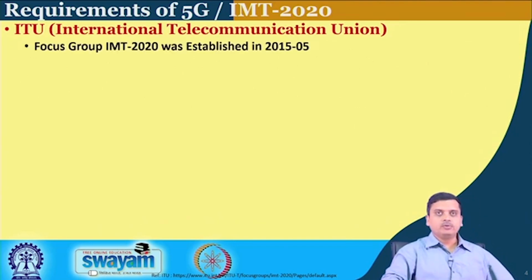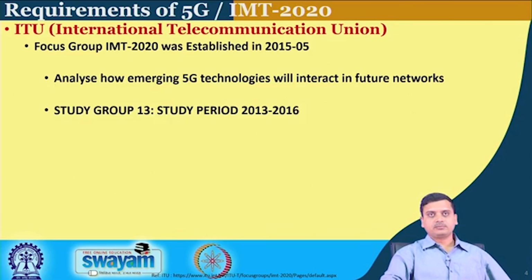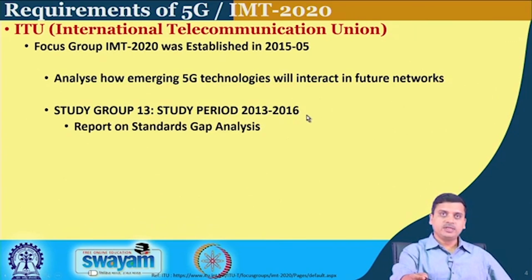ITU started off with a focus group on IMT 2020 in around 2015, and the task was to analyze how emerging 5G technologies will interact with future networks. Study Group 13 was there in the period 2013 to 2016, which prepared a report on the standard gap analysis.